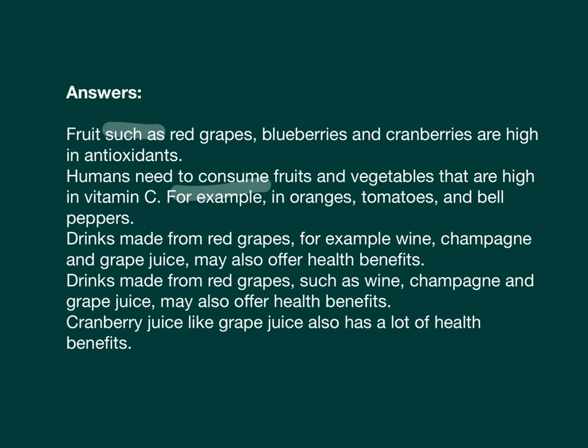Drinks made from red grapes, for example, wine, champagne, and grape juice, may also offer health benefits. Drinks made from red grapes, such as wine, champagne, and grape juice, may also offer health benefits. Cranberry juice, like grape juice, also has a lot of health benefits.